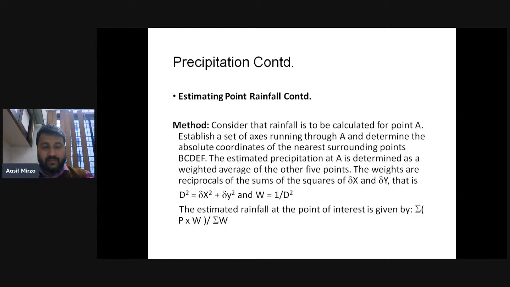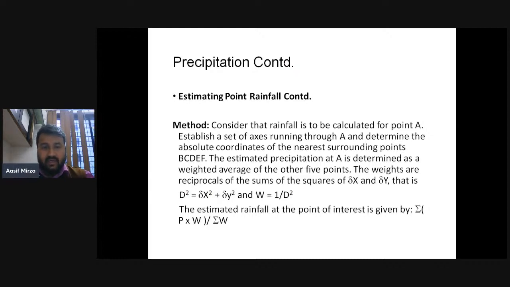In this method, consider that rainfall is to be calculated for point A. Establish a set of axes running through A and determine the absolute coordinates of the nearest surrounding points B, C, D, E, F. The estimated precipitation at A is determined as a weighted average of the other 5 points.